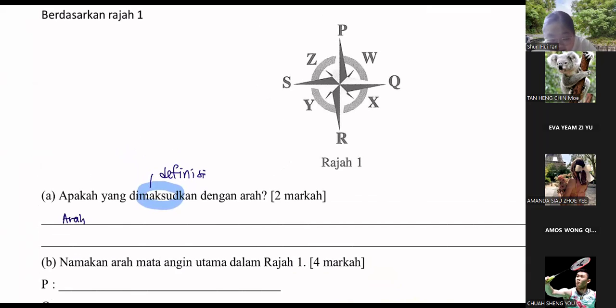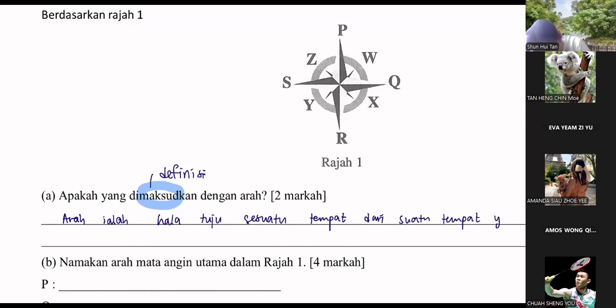So you say arah ialah hala tuju, meaning directions, sesuatu tempat dari suatu tempat yang lain.